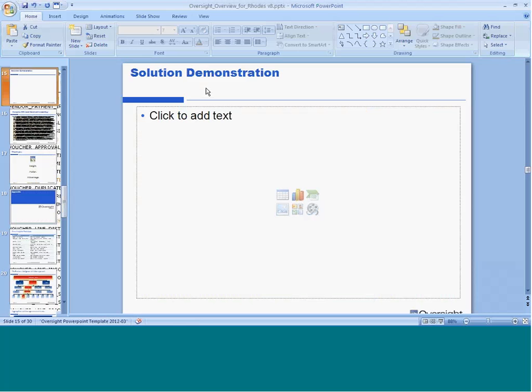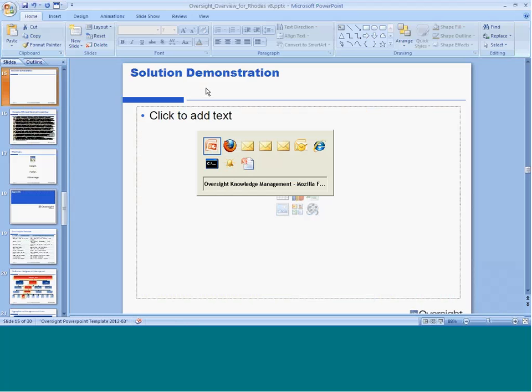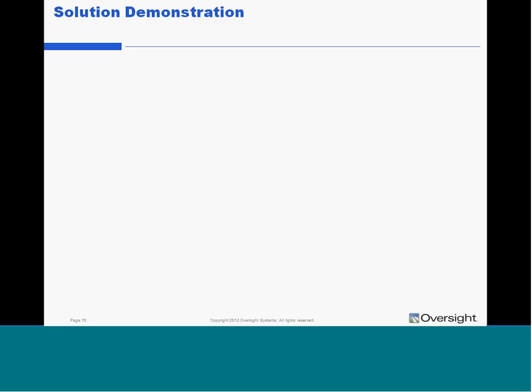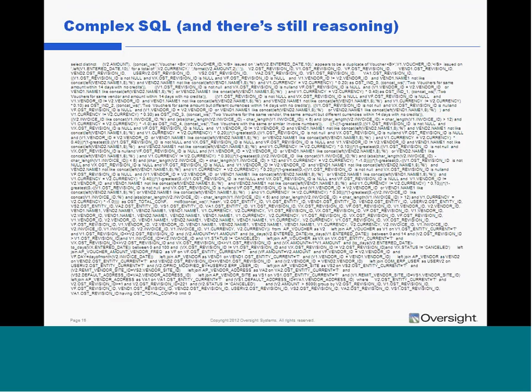Yeah. And then just to show you the output of this, here's just one additional slide we wanted to show you, just to make the point of the complexity of what we're doing here. So this is the actual SQL, the actual analytic code that is generated by an integrity check.